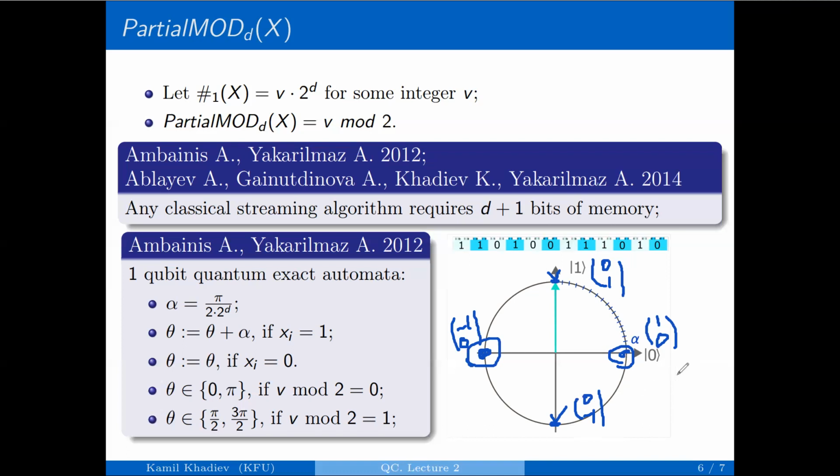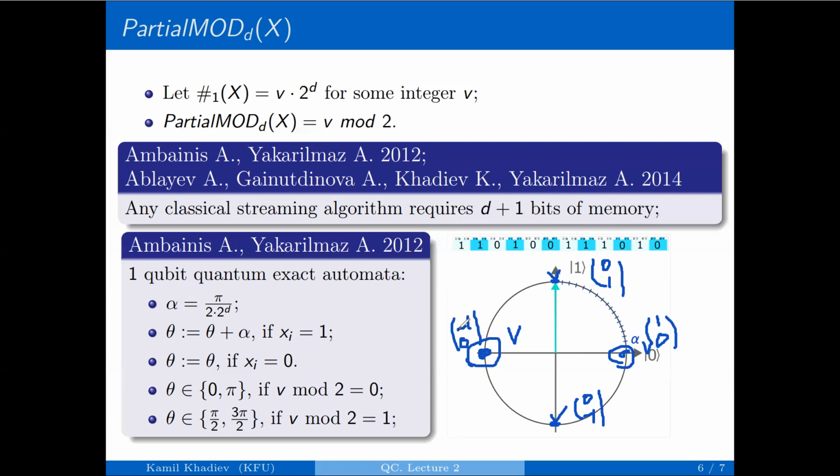If we measure our qubit after reading all the input and it is in this state or this state, 0 or pi, then the square of this amplitude is 1, and the square of this amplitude is 0.